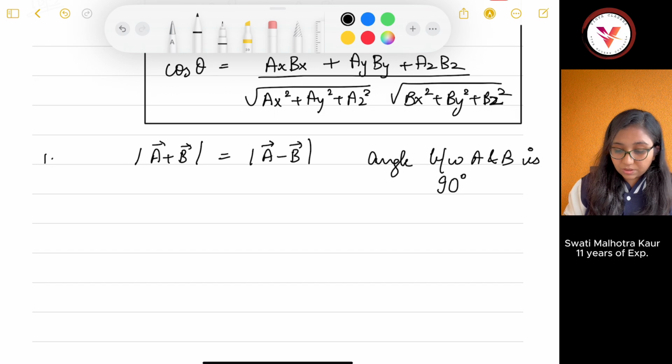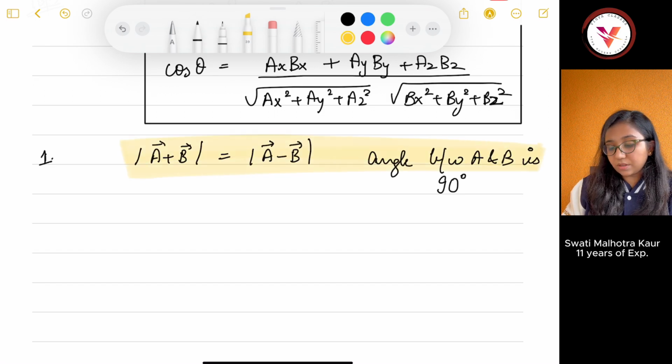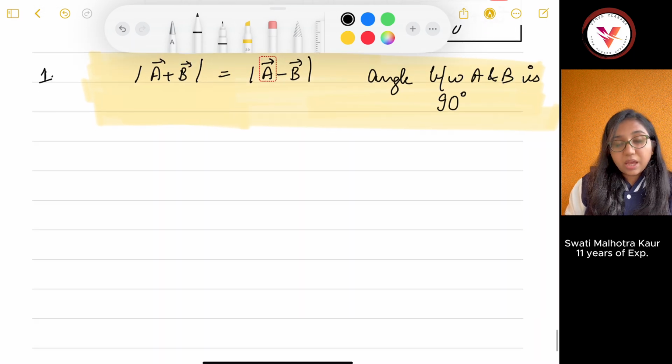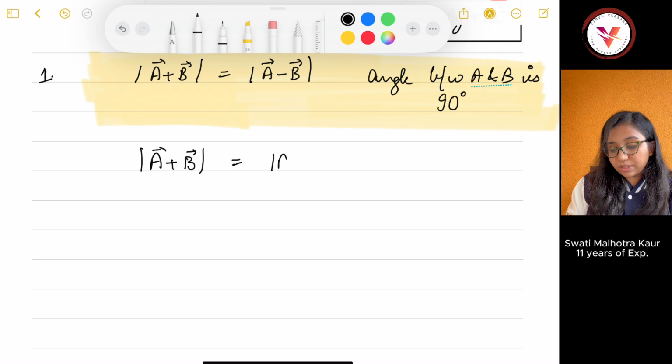Just remember this thing. How can we prove that? This is for your competitive exams, but we can prove that. Always remember, for these types of things, that a plus b magnitude is equal to this, all you can do is square both the sides.